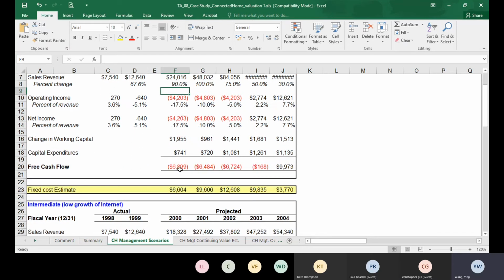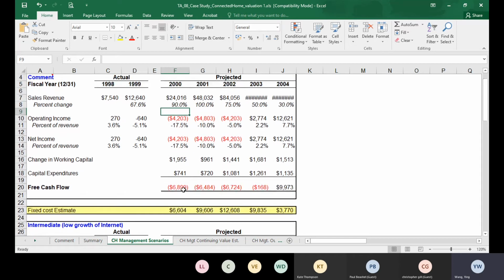So the projected free cash flow, and the venture capital investor will know that before year 3 they couldn't harvest any investment. In other words, you see the red numbers here. For example, year 2000 is 6,899,000, and that's negative, with a bracket. That is negative cash outflow.